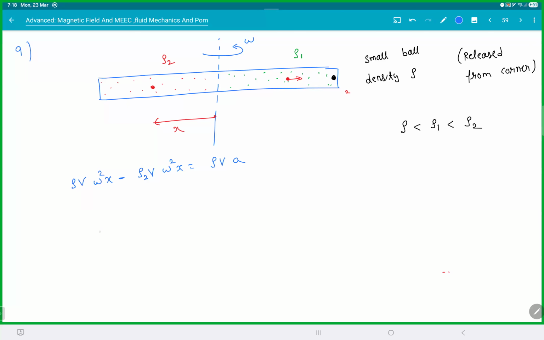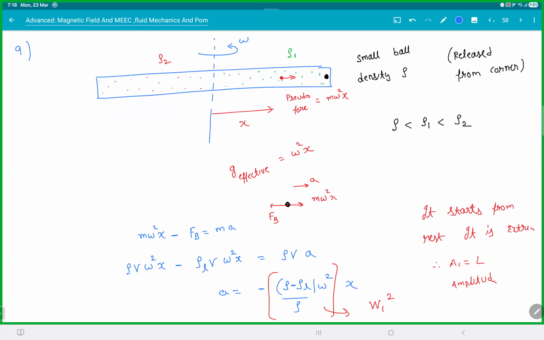This is also rho V. I think you'll get the same equation, but replace that with this. I should have taken it that way. In the direction of x, x is moving that way, right? I wrote reverse.